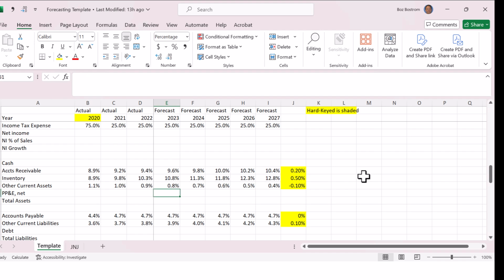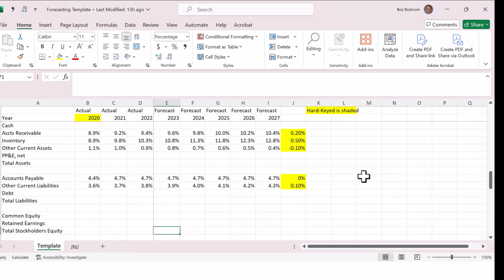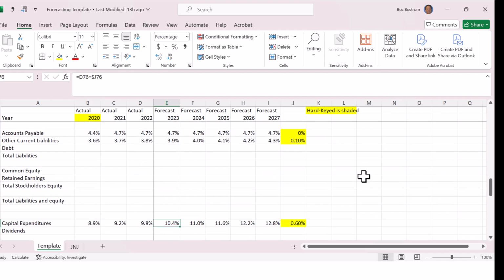PP&E is going to be separate forecasts. We don't forecast total assets. That's a computation. Accounts payable had been steady the last 2 years, so we're just going to keep them steady now. You can see I still used this input cell, but just kept it in there at 0%. Other current liabilities going up slightly, so we're going to increase that by 0.1% each year. And then the other items we don't forecast, we are going to compute those.